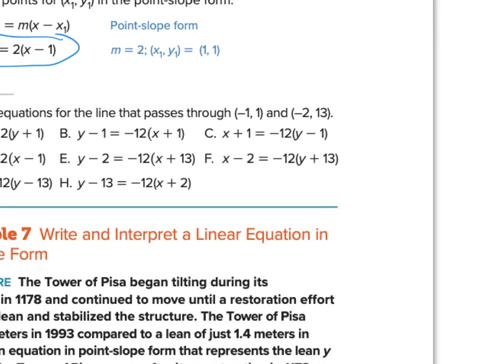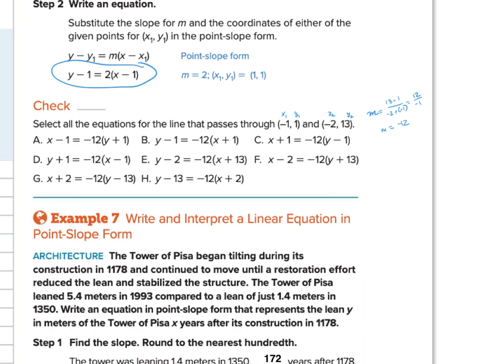And I know that if I calculate my slope, and we'll say this is y2, x2, y1, x1, slope is going to be 13 minus 1 over -2 minus -1, which is 12 over -1, I think. Okay, so 12 over -1 is going to be -12. My slope is going to equal -12.